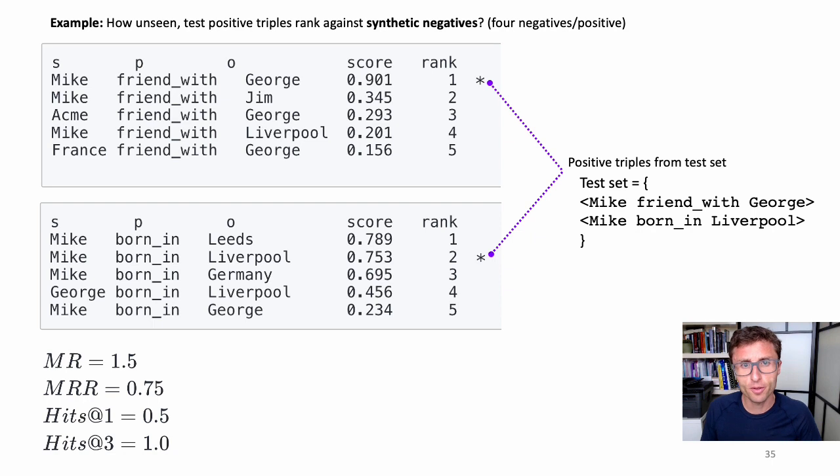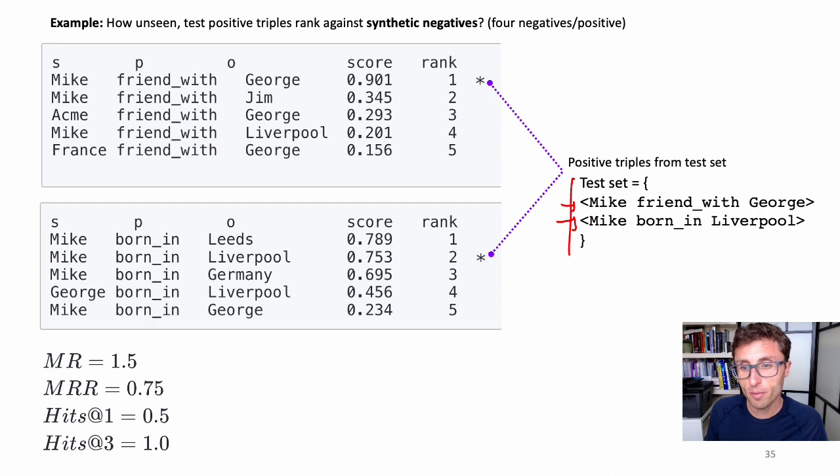Like for the examples I showed before, it's probably simpler if we look at a simple example together. The task is to figure out how well the positive triples in a test set are ranked against their synthetic negatives. The test set is made of two triples: Mike, friend with George, and Mike, born in Liverpool.